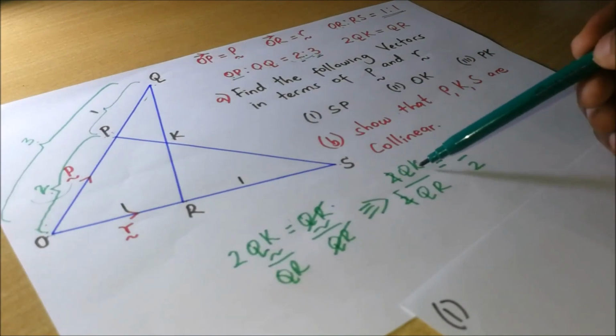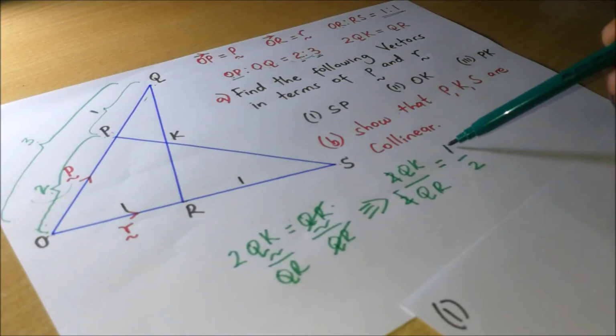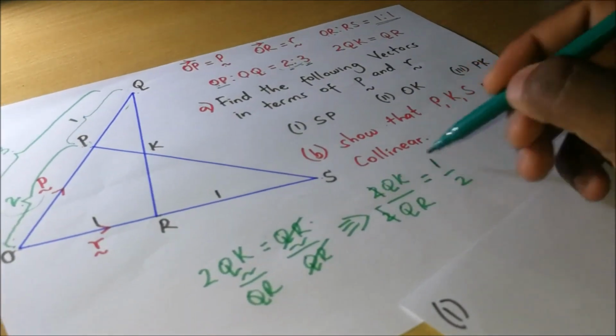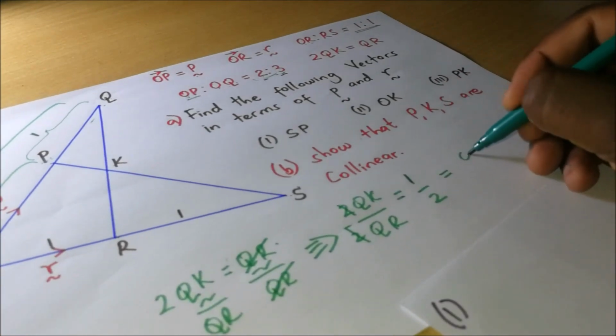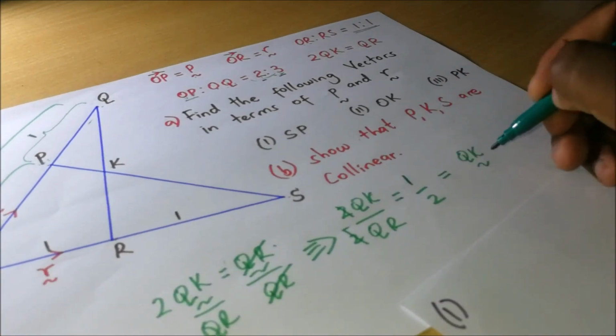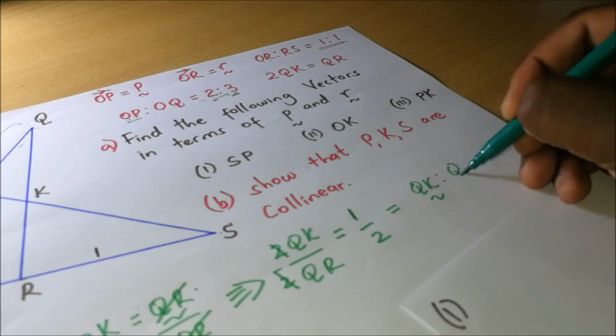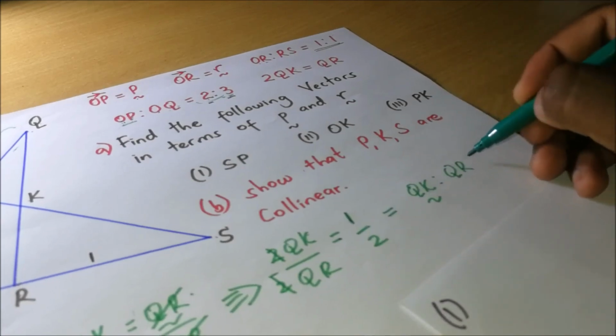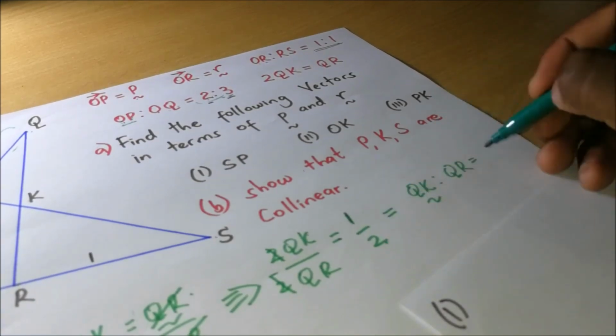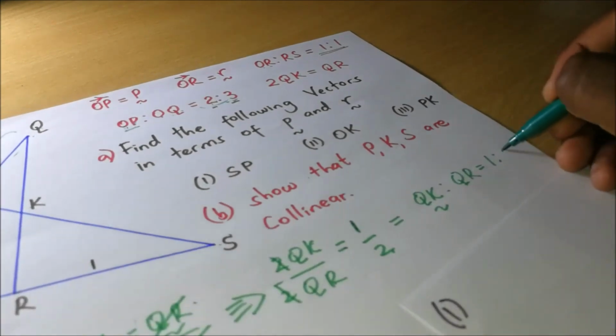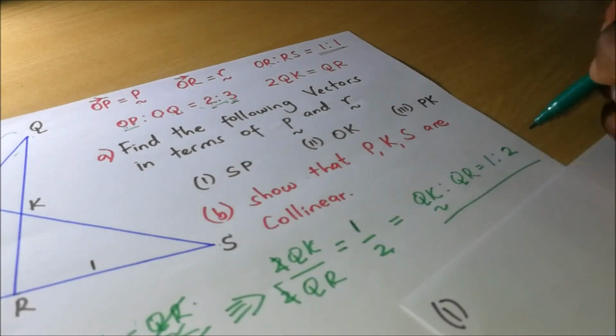So we have QK over QR being equal to 1 over 2. This is the same as saying QK to QR is equal to 1 to 2. It's equivalent to doing it like that.